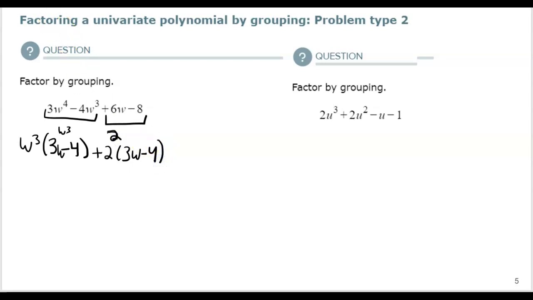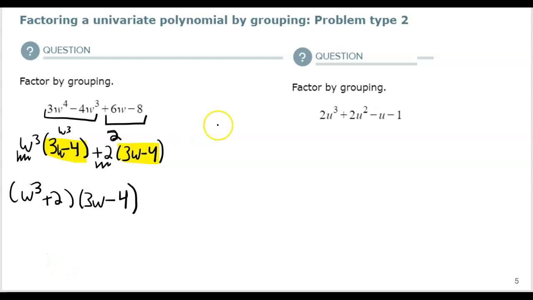So now this looks like what we have been used to. I have my matching. I have my leftover. W to the third plus 2, 3w minus 4.